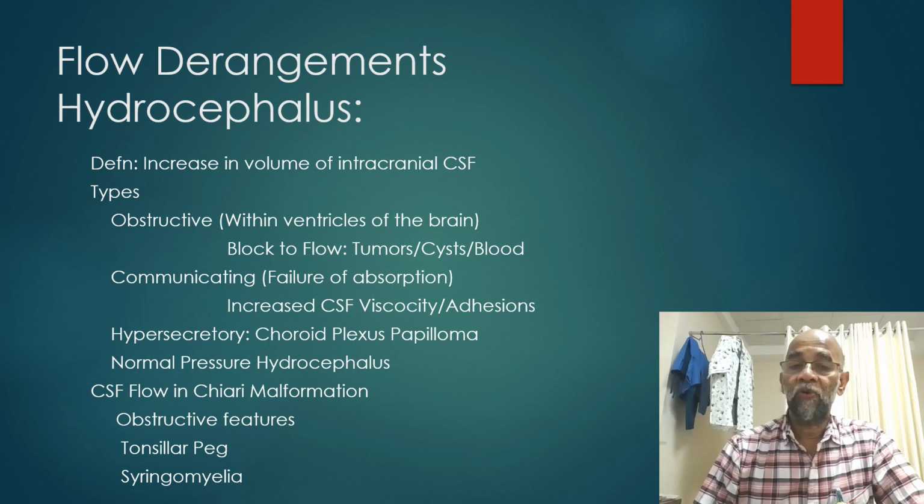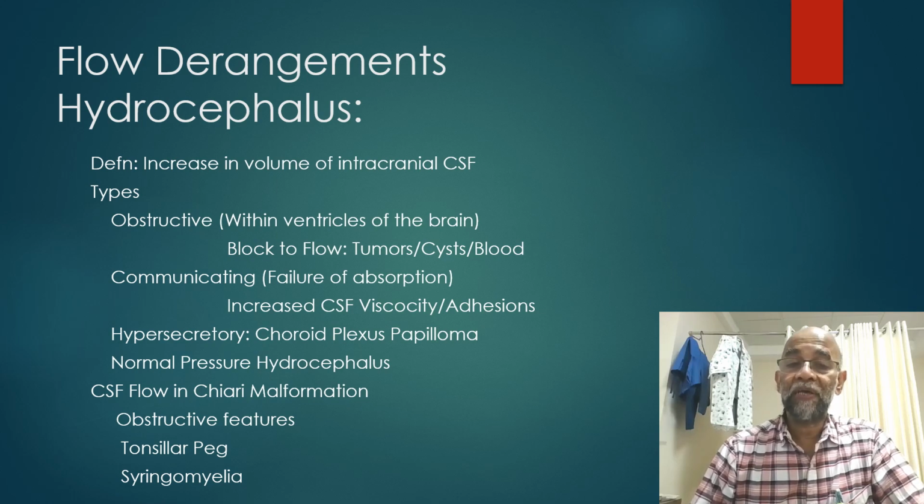You can classify them into groups. In obstructive hydrocephalus, the CSF is restricted or confined within the ventricles of the brain, and there is a block to the flow between the ventricles or at the exit foramina, where the CSF is supposed to flow out of the fourth ventricle.